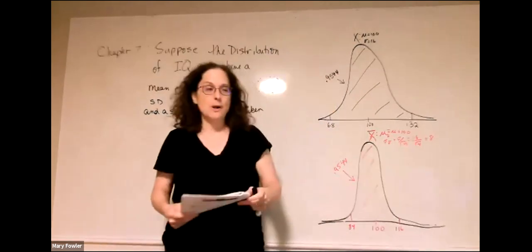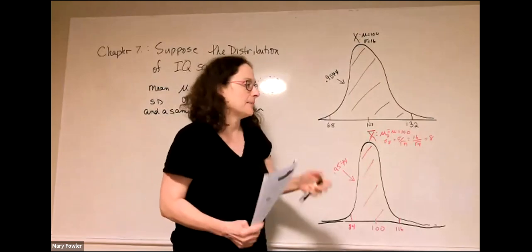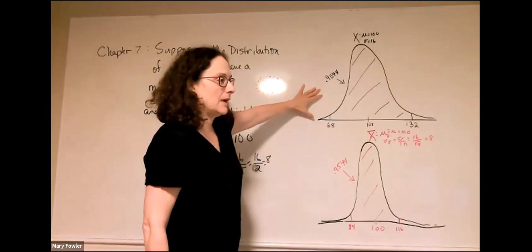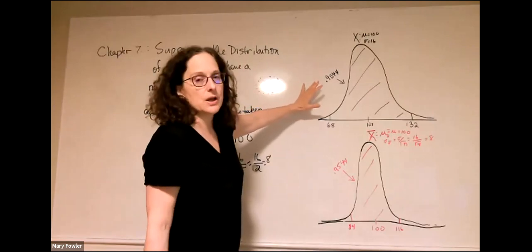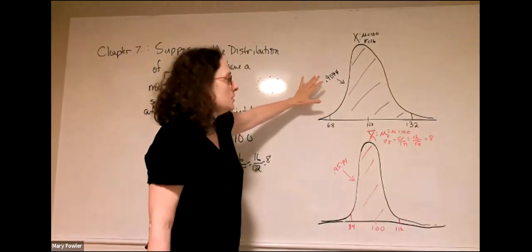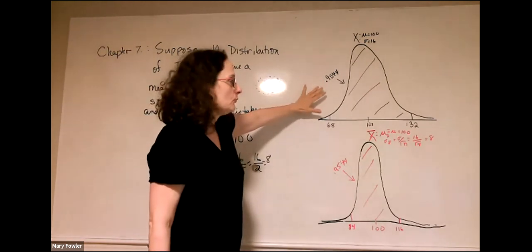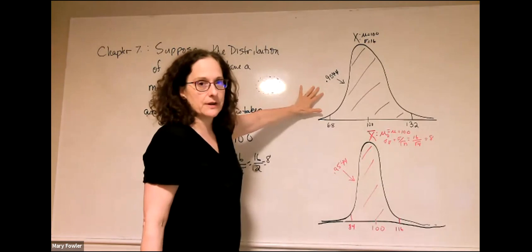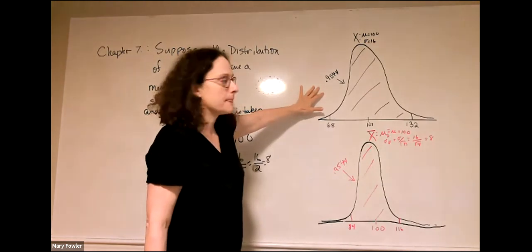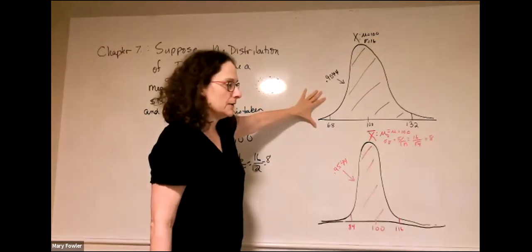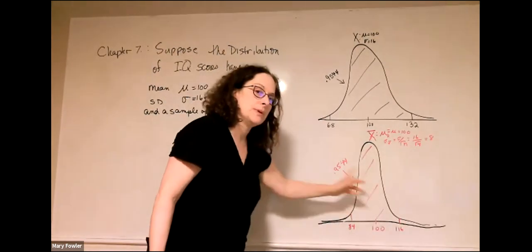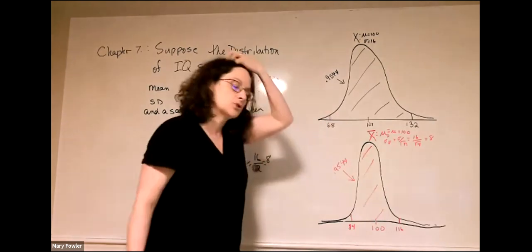Okay, so I want to talk a little bit about this leap of faith I made here. I showed you that we had worked with these IQ scores before, right? And I had told you previously that they had a normal distribution. And so I put that there. And then I just drew the distribution of X bar to have that same normal shape.